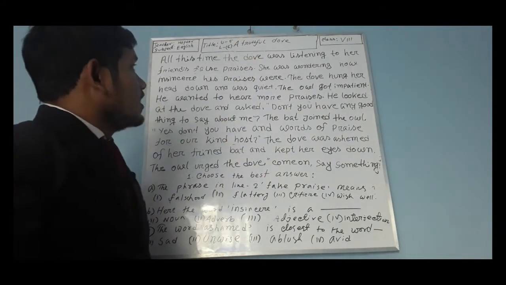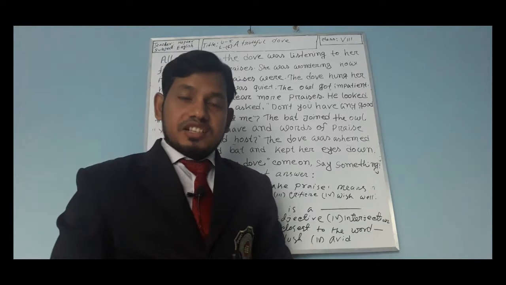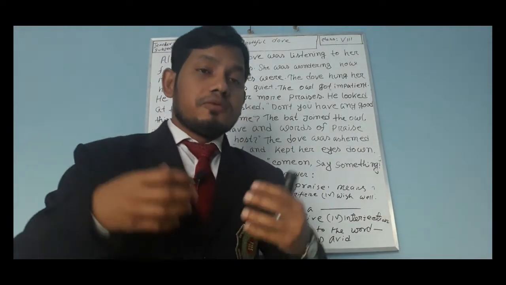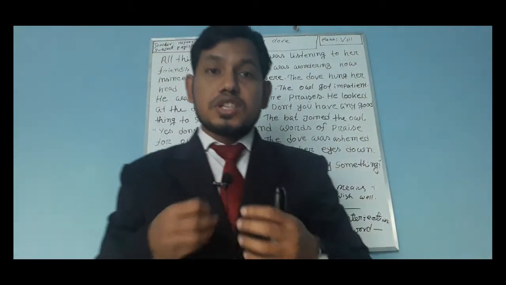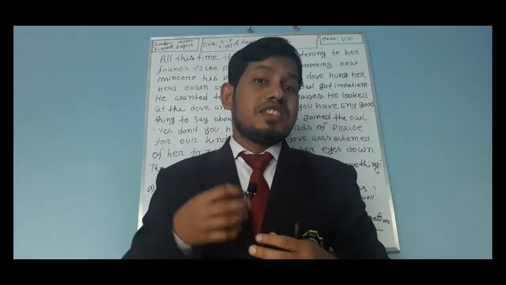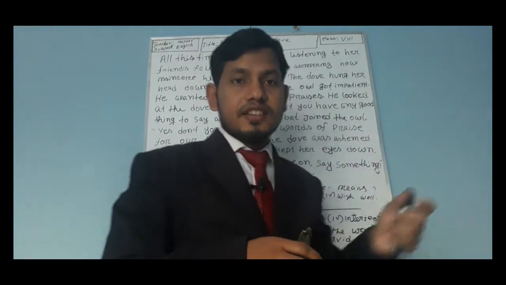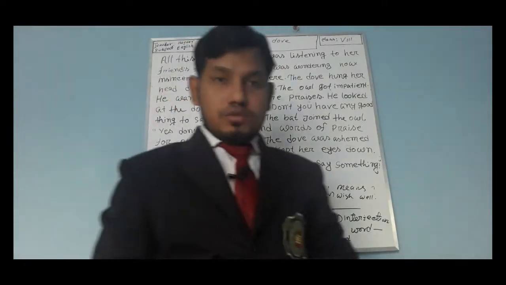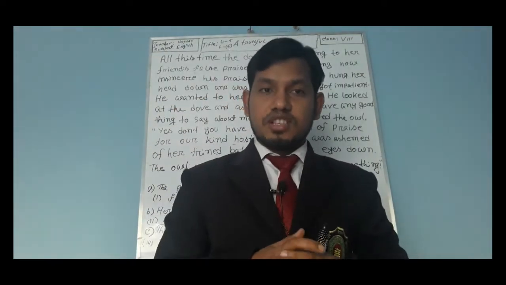Understand, in literary terms, it's a symbolic story. That means in a symbolic story, people have something to learn, to acquire from the sense of our morality. Here you see the story of a dove, a rat and an owl, three animals. That means birds will play the role of animals here.